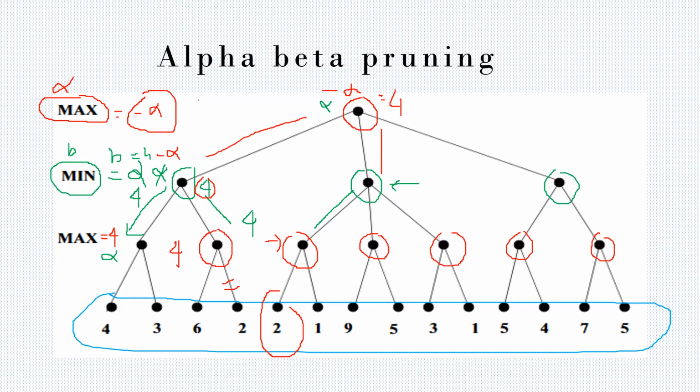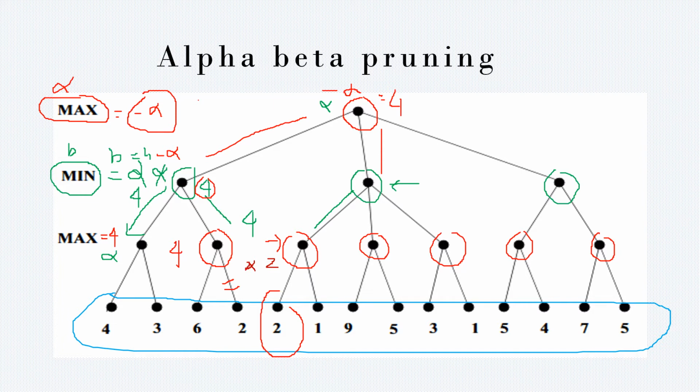Now look at this point here. This level belongs to max, and it will search the value here equal to 2, so alpha here is equal to 2.